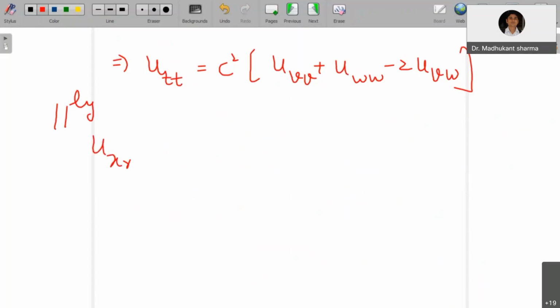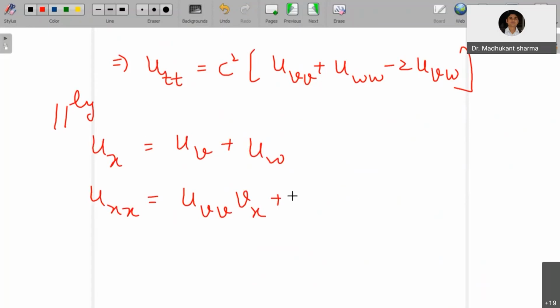So ux was u_v plus u_w, right? Now uxx is equal to u_vv v_x plus u_vw w_x, similarly u_wv v_x plus u_ww w_x. All these values are 1.